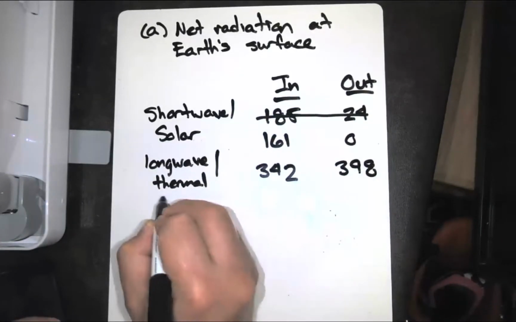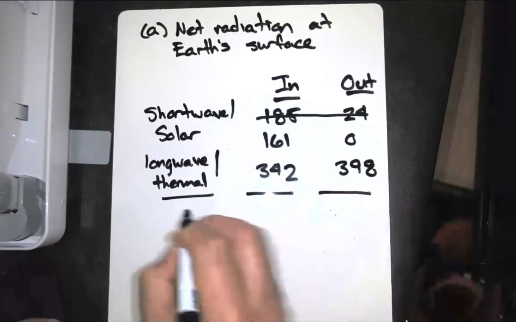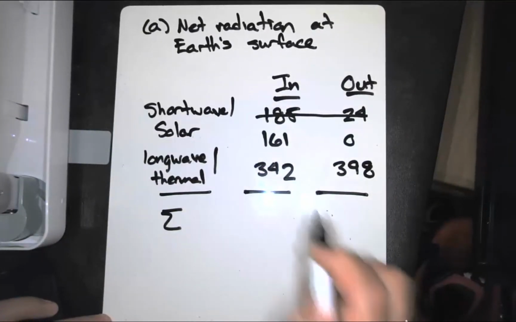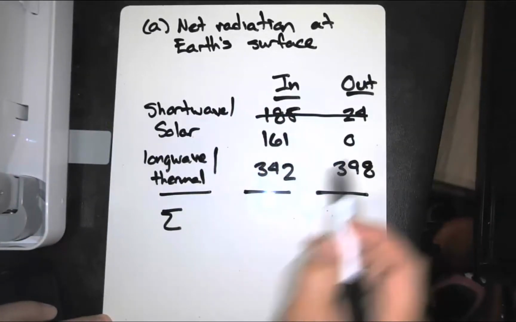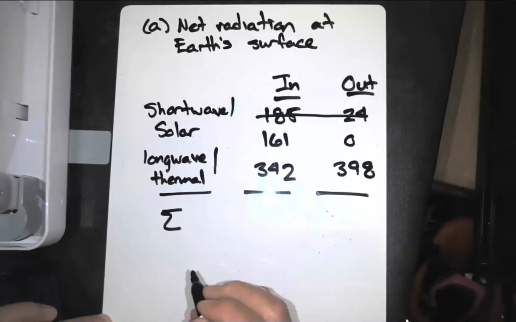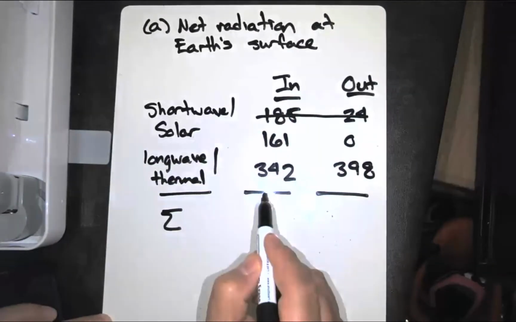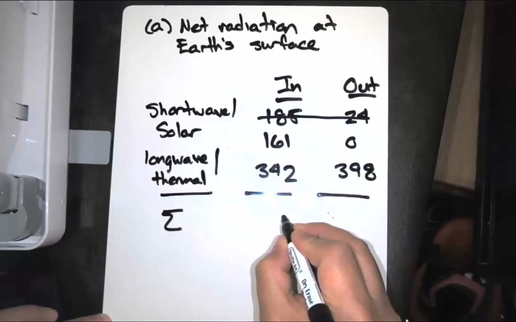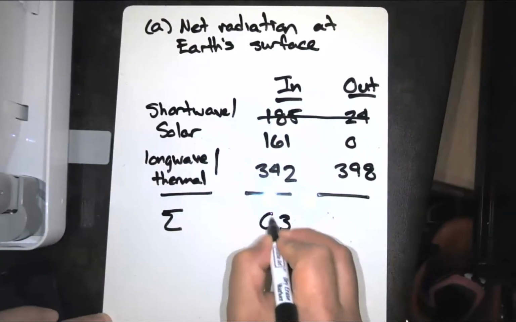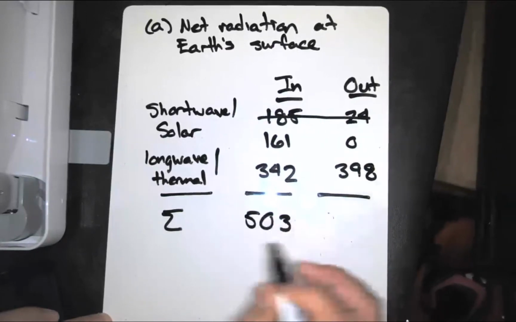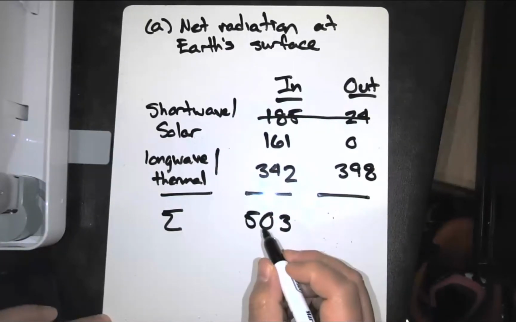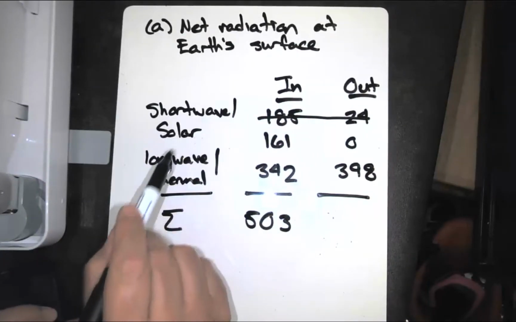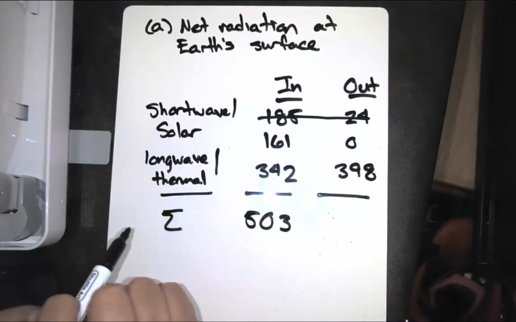Okay. So what comes next is just a simple summation of these terms, okay, to get the net incoming and net outgoing radiation. So for the incoming radiation, we just sum these two numbers here. So that gives us 503 watts per square meter incoming in both the shortwave or solar and longwave or thermal radiation.